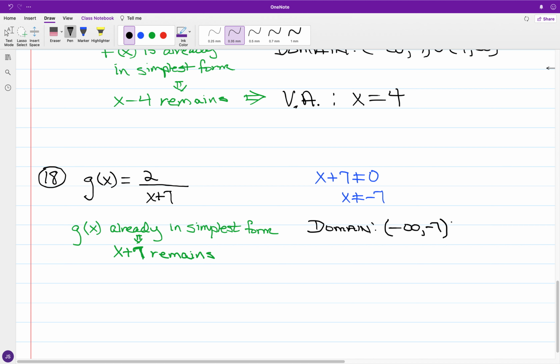So at the lower end, we have parentheses surrounding negative infinity and negative 7. And at the upper end, parentheses around negative 7 and positive infinity. And again, since x plus 7 remains, this restricted value defines the only vertical asymptote there will be.